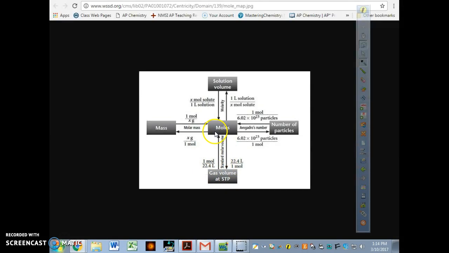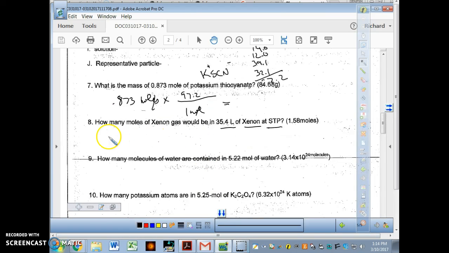Then we're going to divide by 22.4. So in that case, a little bit different than what we were doing before. We'll take 36.4 liters and we will divide by 22.4 liters per mole. And it looks like we get 1.58 moles of xenon.